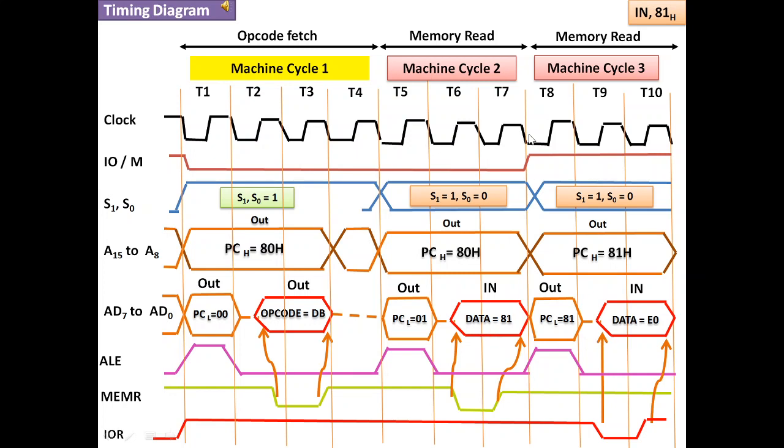In the next machine cycle, the 81, that is the physical port address, is read by the microprocessor in a similar fashion, as is evident from this. And in the third machine cycle, we can see that the accumulator will now be filled with the available data, that is E0, which is available at the input port.